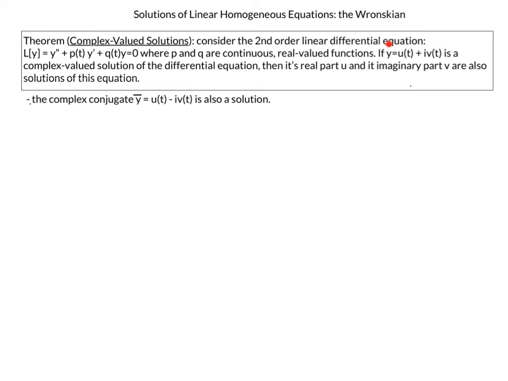So if it happens that a solution to this equation has a real part and an imaginary part, this i v(t) is our imaginary part, then its real part u(t) and its imaginary part v(t), which is real but becomes the imaginary part because it's multiplied by i, are also solutions to this equation. And another side note, the complex conjugate, u(t) minus i v(t), is also a solution.